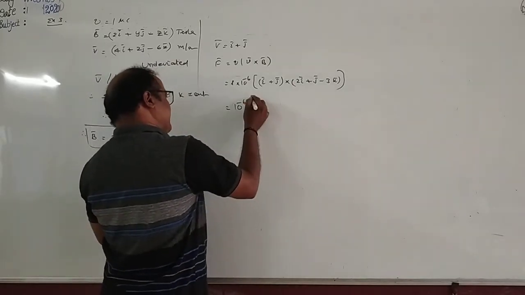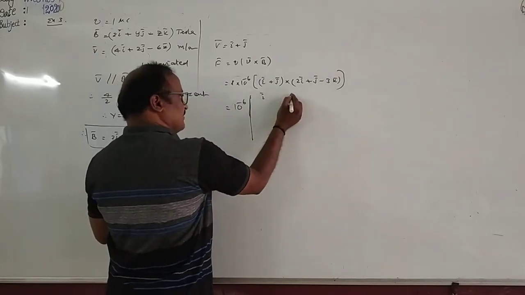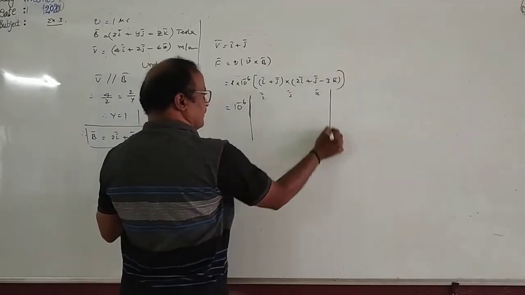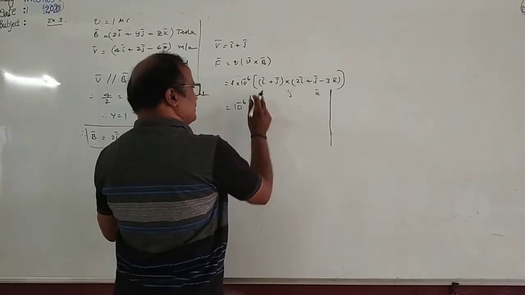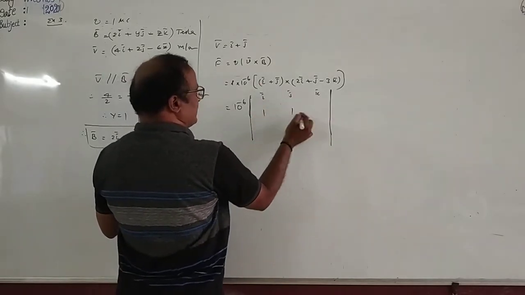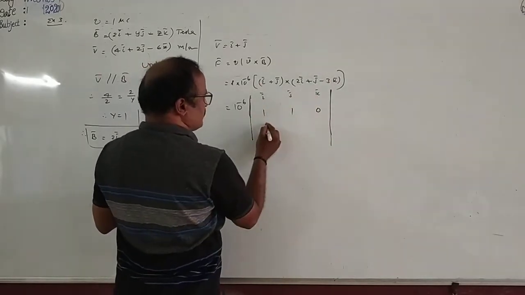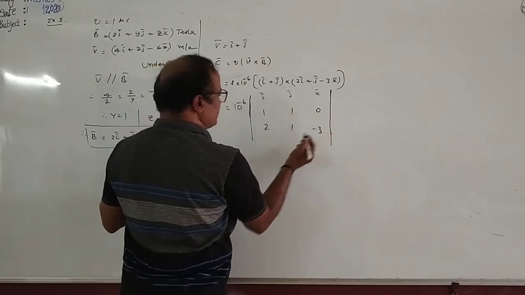Taking the determinant i, j, k, the first vector coefficients are 1, 1, 0. The second vector coefficients are 2, 1 and minus 3.